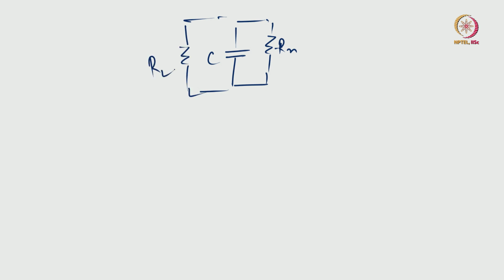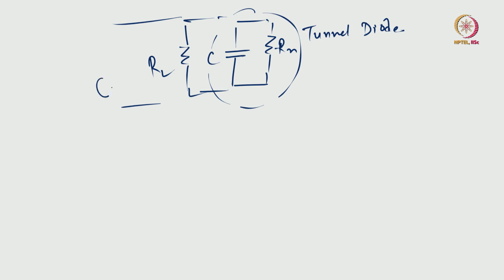This is the load across which you are delivering the RF power, and this is your tunnel diode. Then you will have some voltage source, and the voltage source will have its own resistance, say Rg.